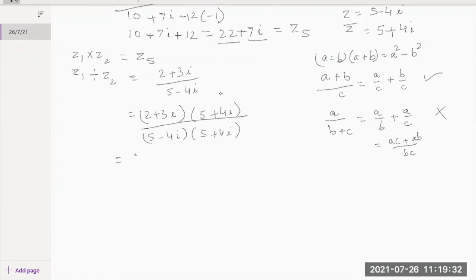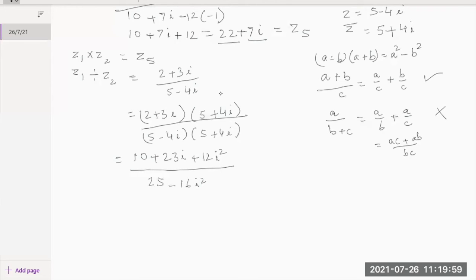Now, writing the answer, 2 5s are 10, plus you're going to have 15i, 8i, that gives you 23i, plus 12i square. This is in the numerator, okay? In the denominator, I'm going to get 25 minus 16 i square, using my difference of two squares.